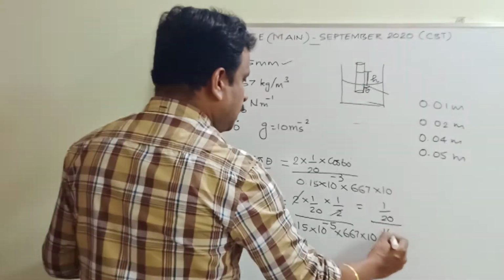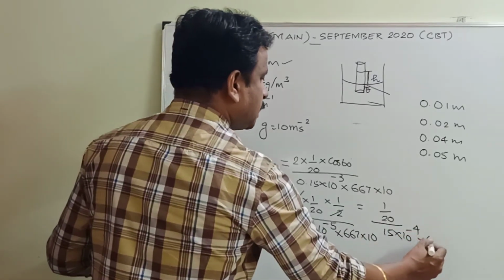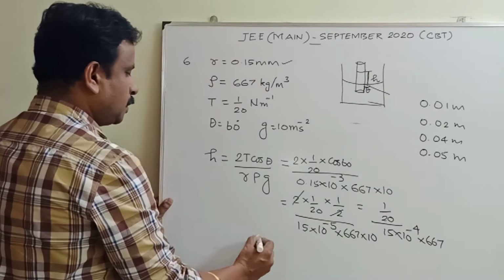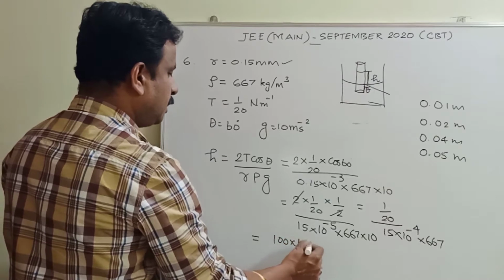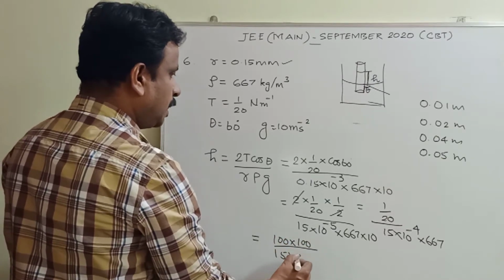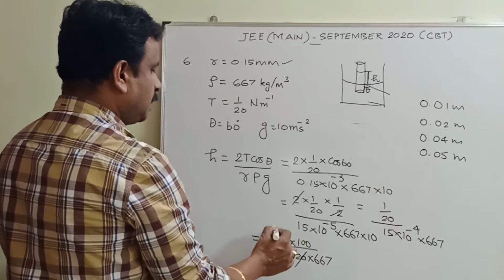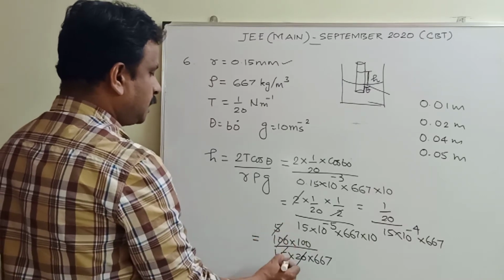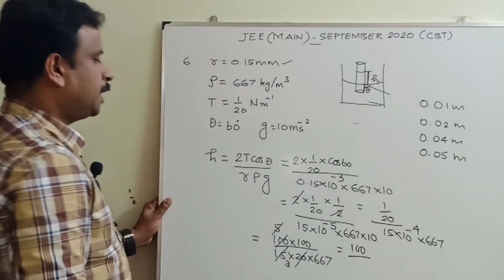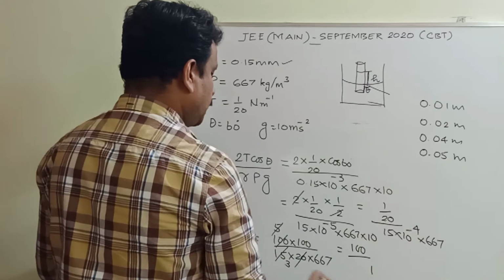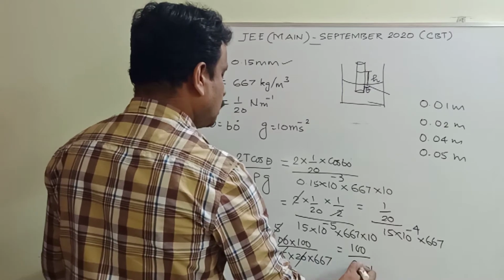Now you can write 15 into 10 to the power of minus 4, am I right, into 667. You bring the term here, 10 to the power of 4, or I can write 100 into 100 divided by 15 into 20 into 667. If you cancel by 20, this will be 5 times, 5 threes are 15. So 100 divided by, if you multiply, 3 sevens are 21, remaining 2, 18 plus 2, 20, so 2001.